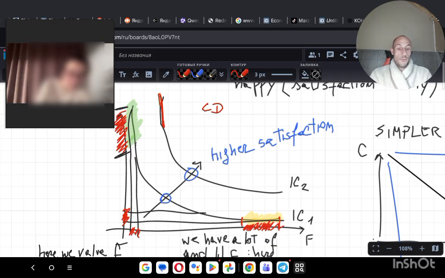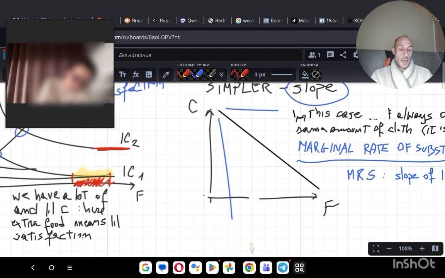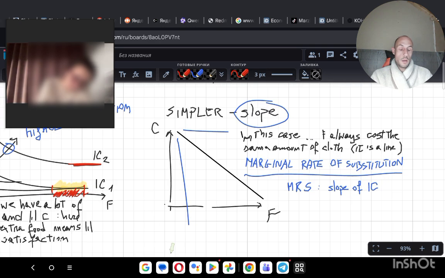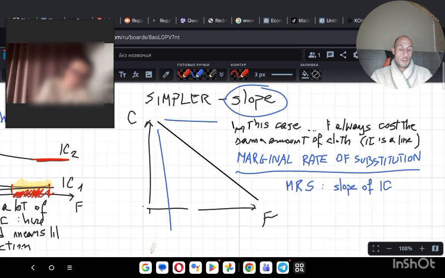So in formulas, we have the following. The MRS is the negative ratio of MU1 divided by MU2. We will explain it later on. Where MU is the marginal utility. Let me write it.